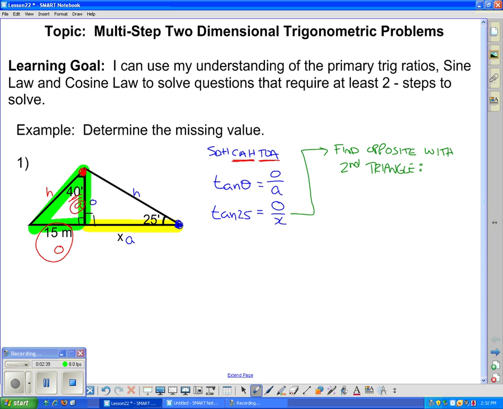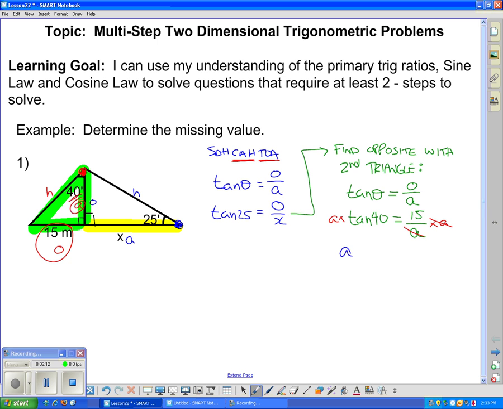So do I have enough information? Yes, I do. If I have two pieces of information in a right angle triangle, then I have lots. So I need to use A and O, so I'm going to use tan on this side. Tan theta equals opposite over adjacent. So tan of 40 degrees will equal 15 over A. Solving for A, multiply both sides by A, that inverse operation.